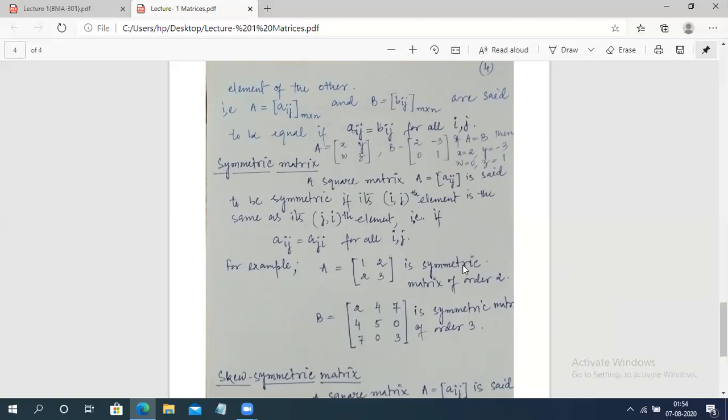So this is a symmetric matrix of order 2, this is a symmetric matrix of order 3.